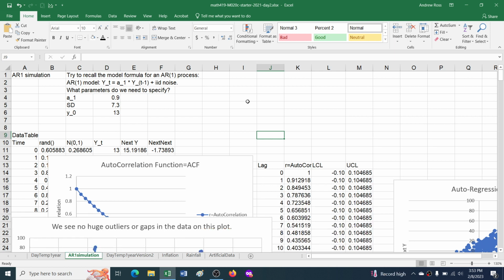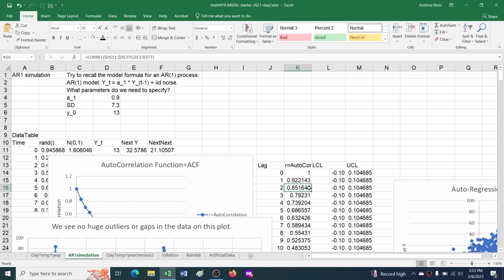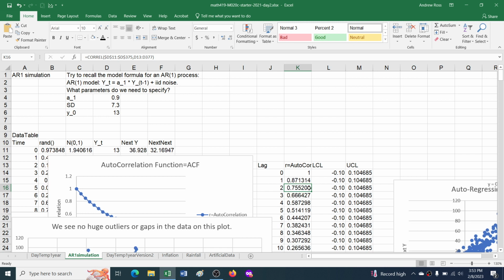So let's think more about the values we're seeing for the autocorrelation function. We said for an AR1, whatever we put in for A1 is the autocorrelation we see at lag 1. What are we seeing at lag 2? We're seeing 0.84 here, and we can see a few examples of that. Here's the interesting thing. Our model doesn't have any obvious dependence at lag 2.